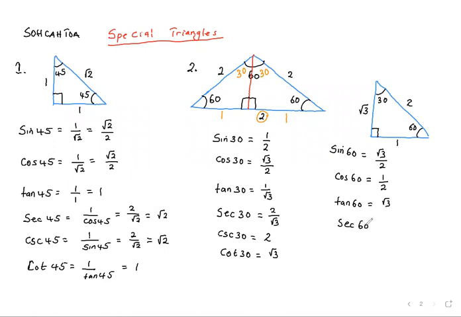Sec 60, 1 over cosine, so it will be 2. Cosec 60, it will be 2 over root 3, 1 over sine. And cot 60, it will be 1 over root 3.